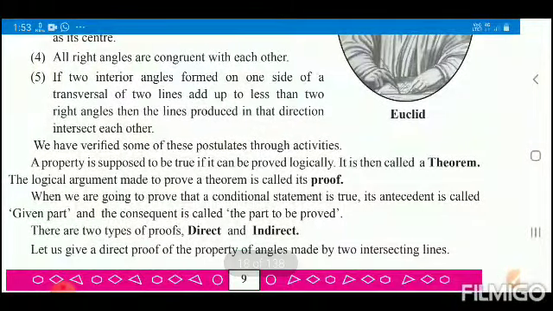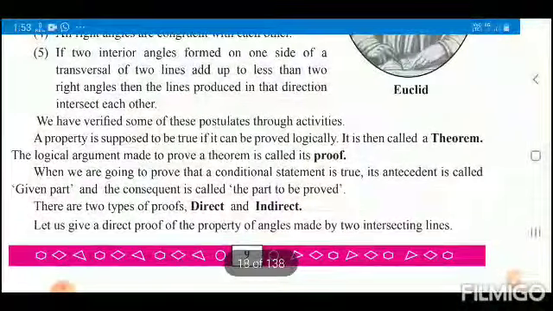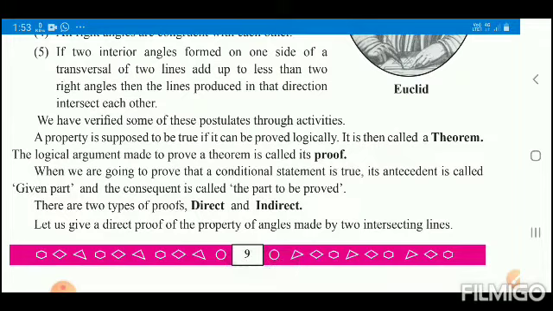The fifth postulate is: if two interior angles formed on one side of a transversal of two lines add up to less than two right angles, then the lines produced in that direction intersect each other. You have studied the property about interior angles made by parallel lines and a transversal: they are supplementary.